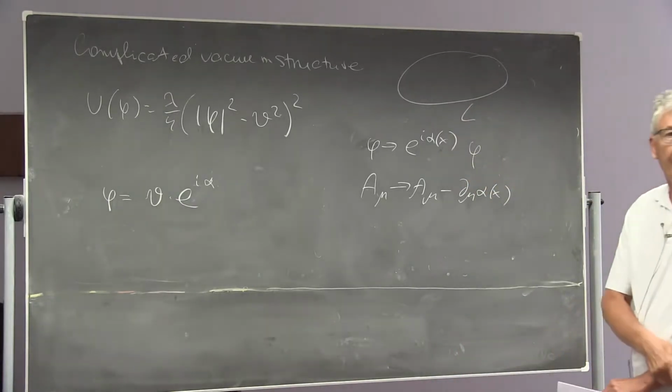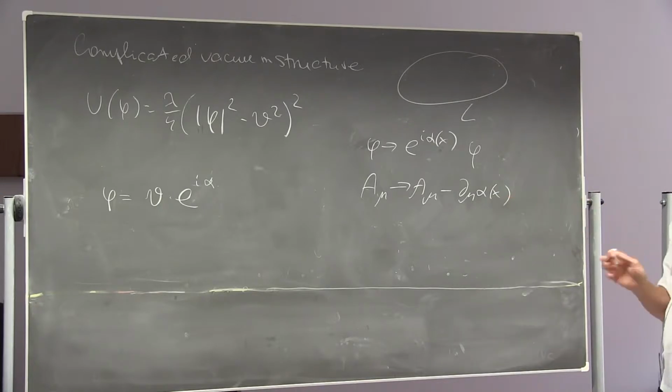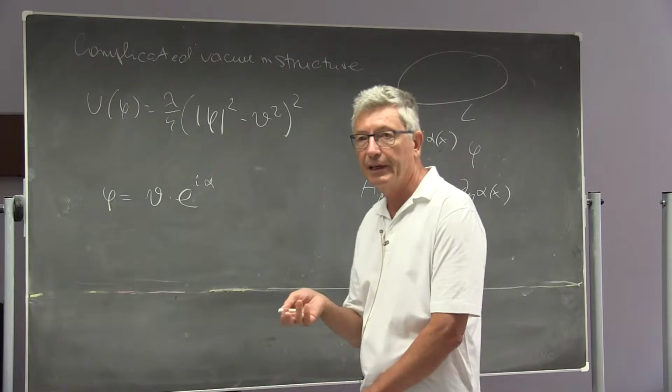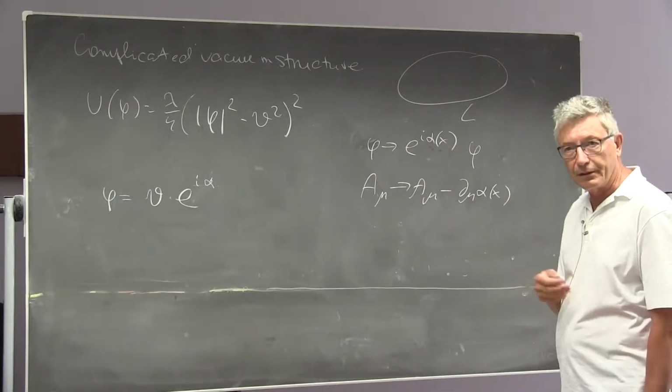Okay? And now looking at different possibilities for alpha of x, we can realize that there are different classes of this function alpha of x. So what are these classes?